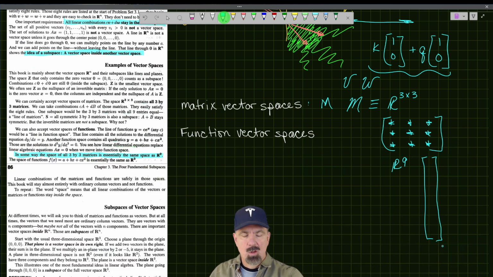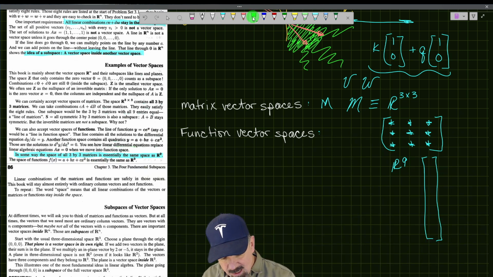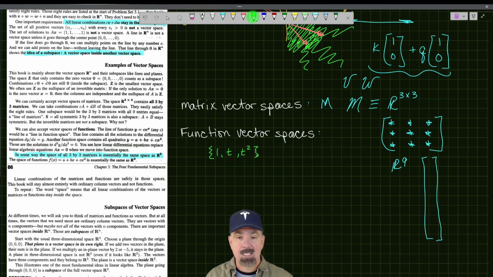The next example, and the one that we're going to spend most of our time on, are function spaces. And this is the whole concept, and we're going to emphasize primarily polynomials. But this is not a big stretch to say, well, if I take, for example, the set of vectors 1, t, and t squared, and I think about all the linear combinations of these three functions, I could have a0 times 1, because that is one of my basis functions.